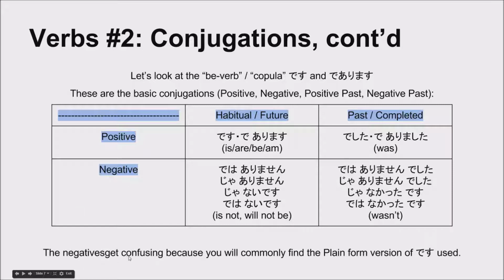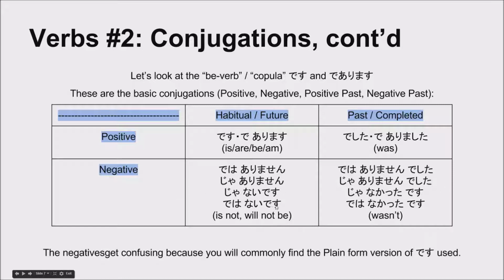The negatives get confusing because you will commonly find the plain form of the version des used. If you notice how we have janakata, you see how they end in des? That's kind of strange that you have des in a negative past tense. Here we have des as well in a negative.